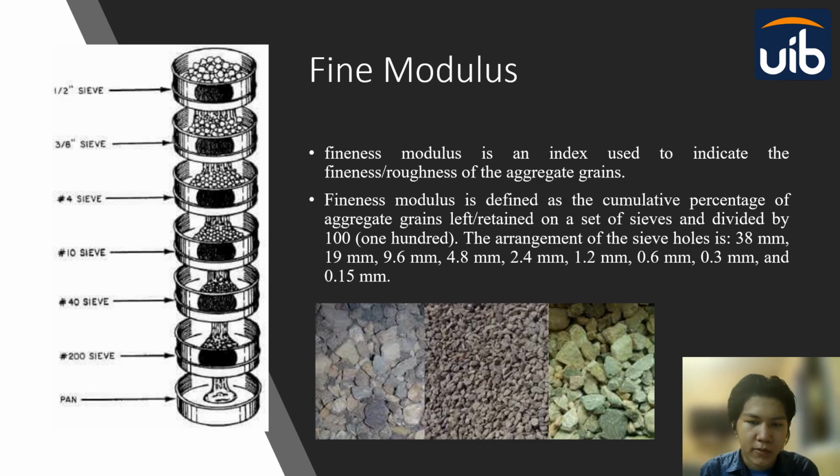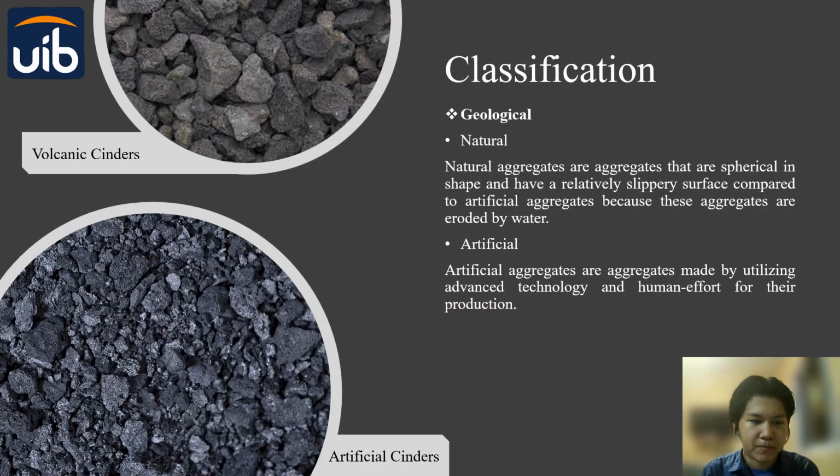The arrangement of the sieve holes is 36 millimeters, 19 millimeters, 9.6 millimeters, 4.8 millimeters, 2.4 millimeters, 1.2 millimeters, 0.6 millimeters, 0.3 millimeters, and 0.15 millimeters.